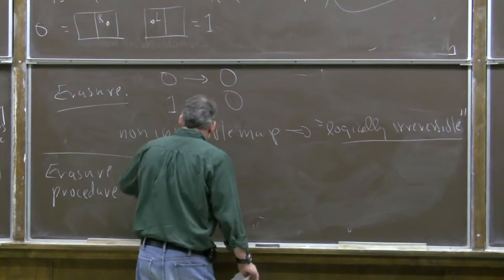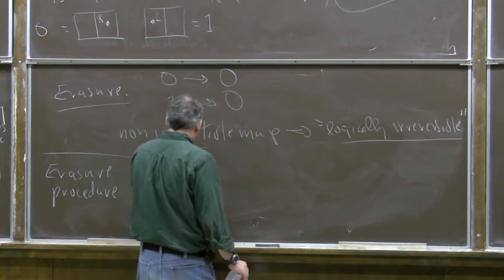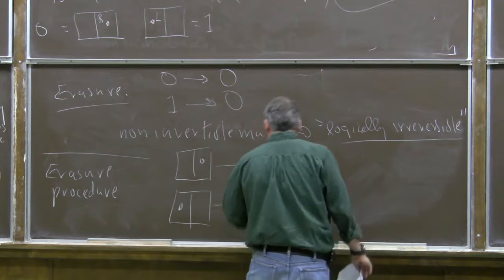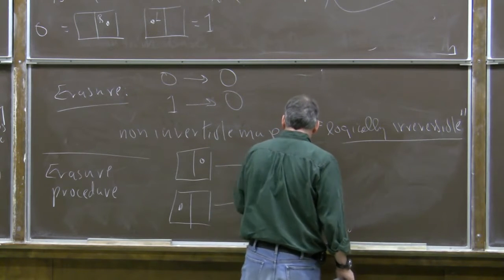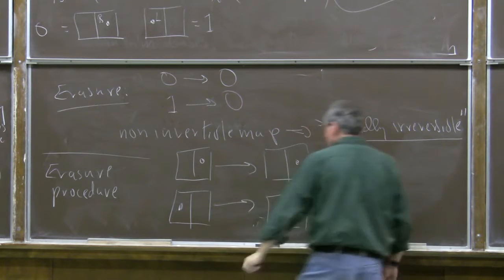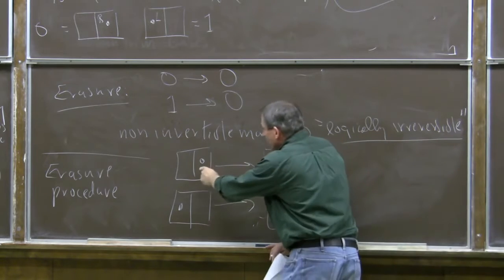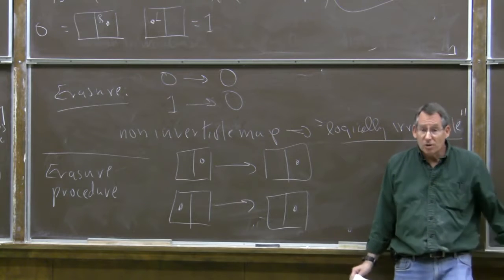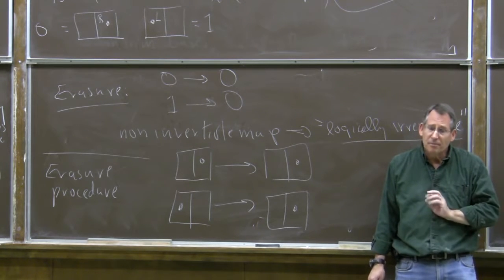Erasure means that I have a way of storing a 0 or a 1, and no matter how it was stored to begin with, I want to have a 0 at the end. And I have to apply a procedure which works the same way, no matter whether it was a 0 or a 1 to begin with, because otherwise it would work differently depending on whether it was a 0 or a 1, and I would have to record that information.